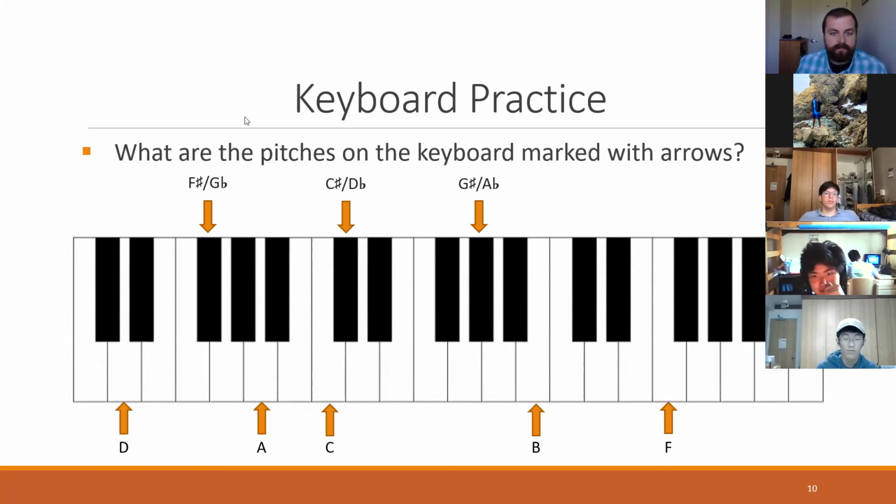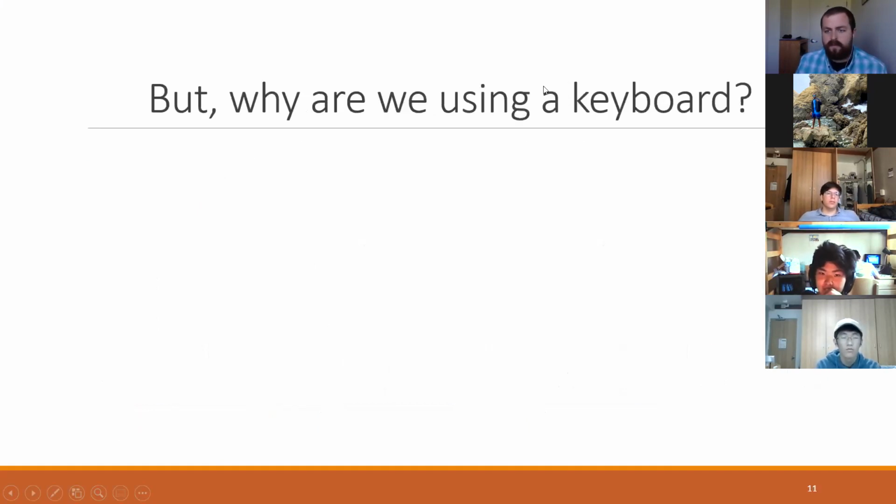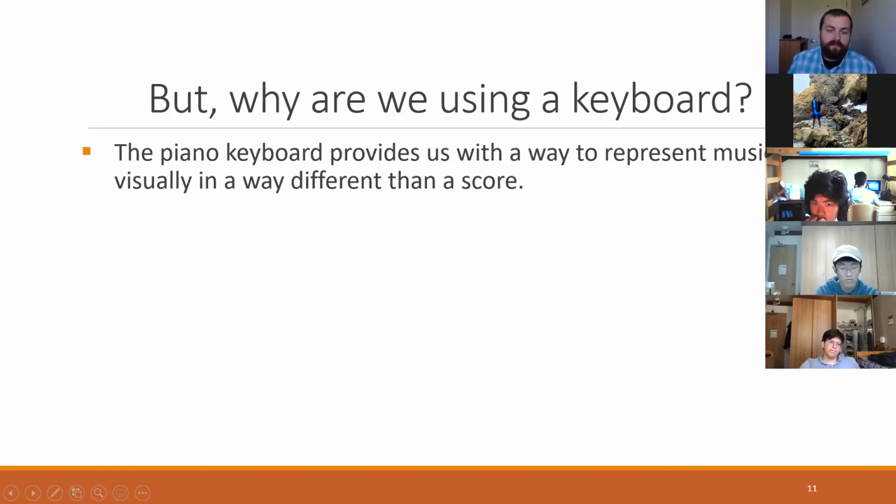Let's go ahead now and first reiterate why we're using the keyboard in the first place, because some of you may be wondering, what the heck are we doing with the keyboard if we can't play the keyboard? The piano keyboard provides us a way to represent music visually. So this is useful for us today and will be especially useful throughout the rest of the class.